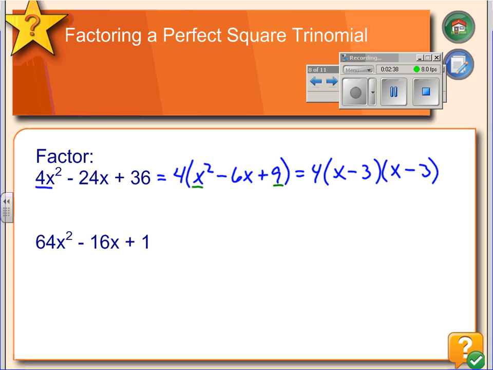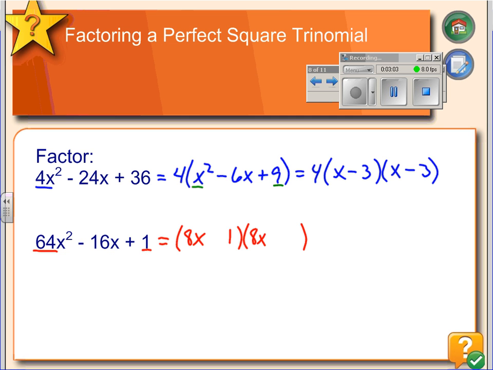Okay, our next example here, we cannot factor out a greatest common factor. We still have a leading coefficient, but you should notice that 64 is a perfect square. 1 is also a perfect square, so we can factor this by taking square roots. So the square root of 64 is 8.